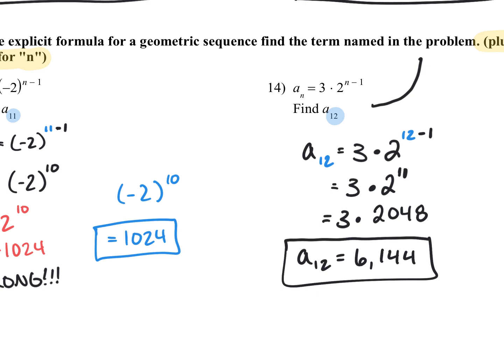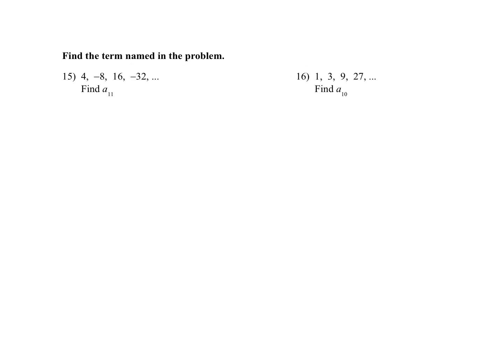All right. We got 2 more problems to look at here. Now, these problems put it all together. They actually ask you to do everything that we have done on the notes to get here. So they give you some sequences. They ask you to name the term in there. Now, I'll be honest. You don't have to find the explicit formula if you don't want to.